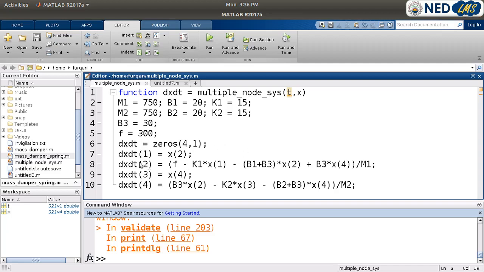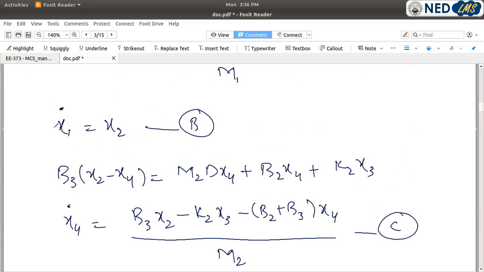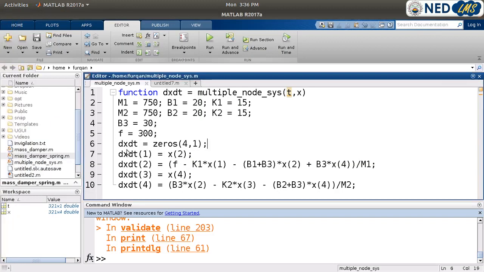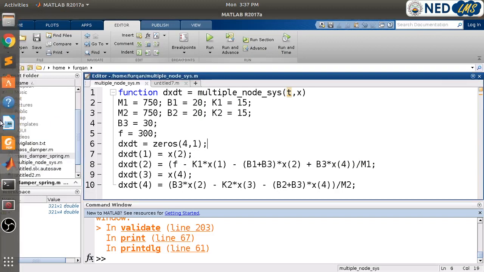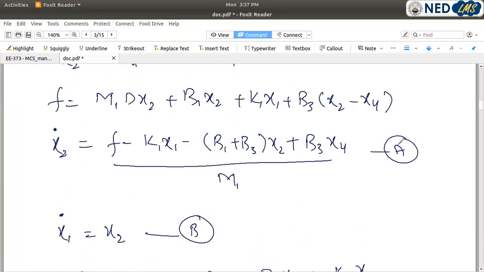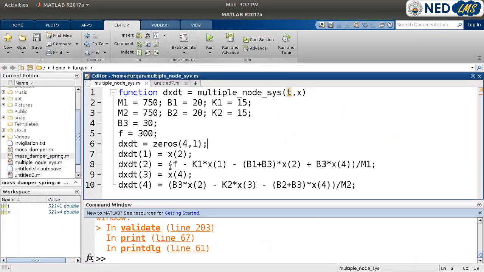So the first state equation is x1 dot is equal to x2. I am assuming this as the first state equation, so dx dt 1 is equal to x2. The second state equation is here, which is x2 dot or dx2 over dt.